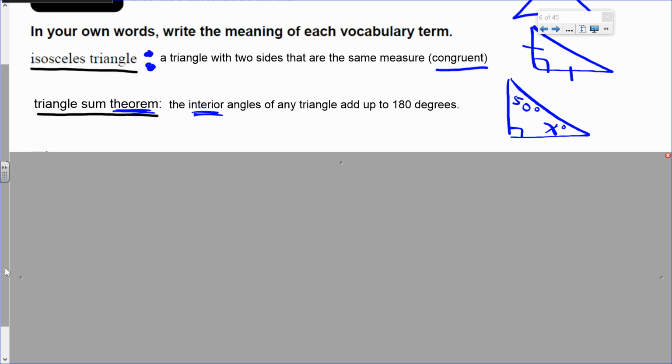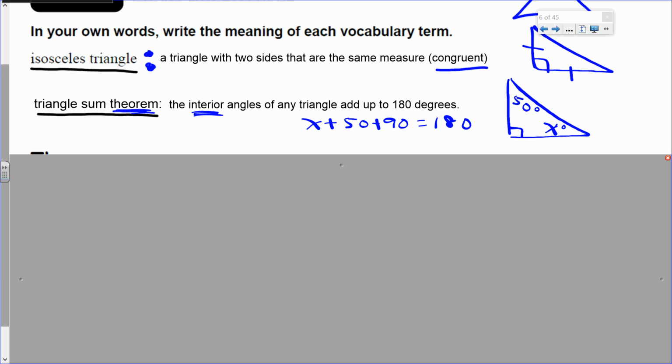How many degrees is this angle? 90. We've got 50. We've got x. So look at how I'm going to use this theorem to solve for x. x plus 50 plus 90 equals 180. I know that's the case just by this theorem. Now I can solve for x. Watch.